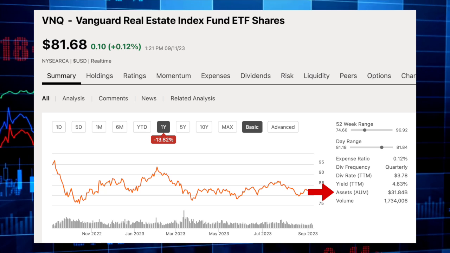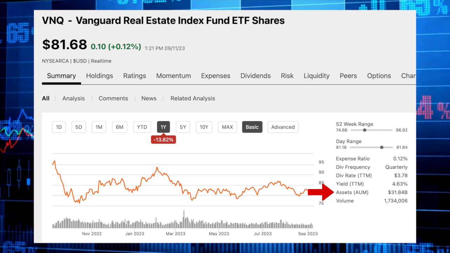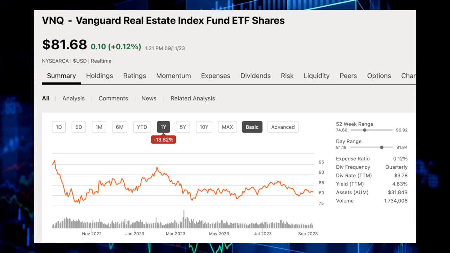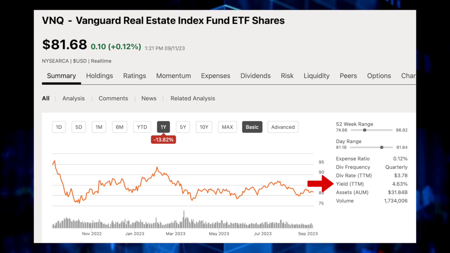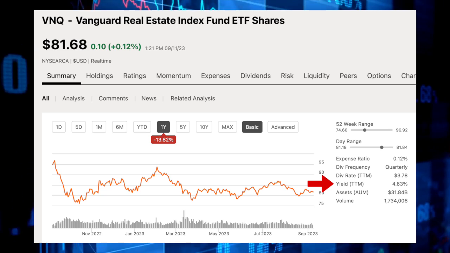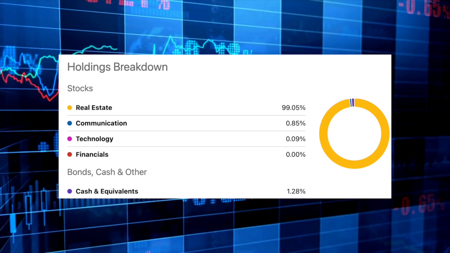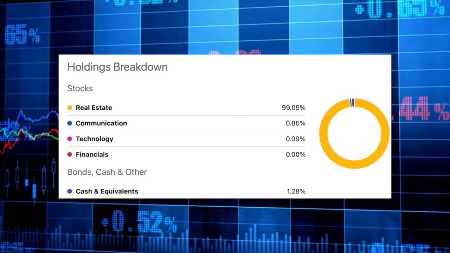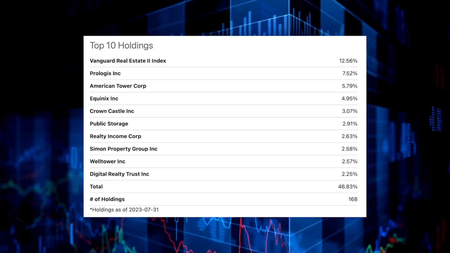VNQ has assets under management of $32 billion with an expense ratio of 0.12%. REITs tend to pay higher dividend yields, and as you can see here, investors in VNQ earn a 4.6% dividend. The sector breakdown should be pretty self-explanatory, as nearly the entire ETF is dedicated to real estate. Here's a look at the ETF's top holdings.